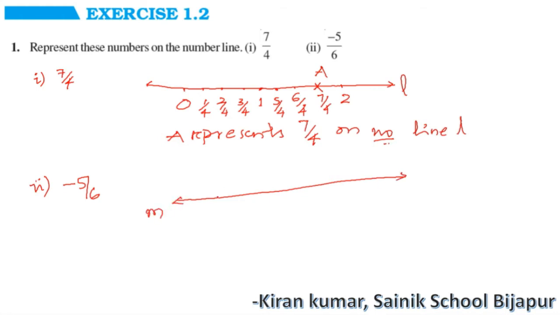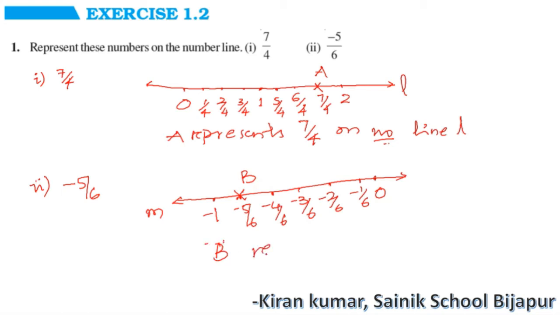Suppose here is 0, the next is negative 1 upon 6, next is negative 2 upon 6, negative 3 upon 6, negative 4 upon 6, negative 5 upon 6, and this one is negative 1. So between the two consecutive integers 0 and minus 1, I have made 6 equal parts, of which the fifth part represents the given rational number.